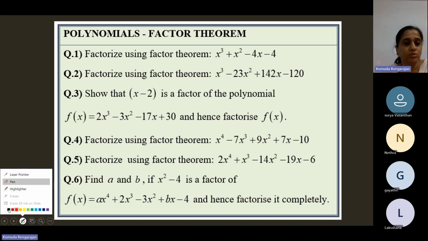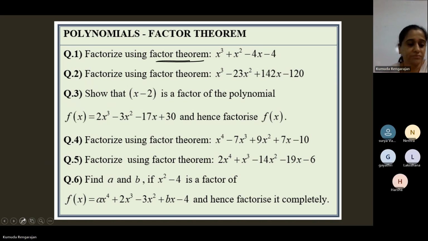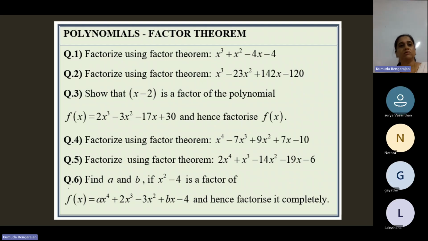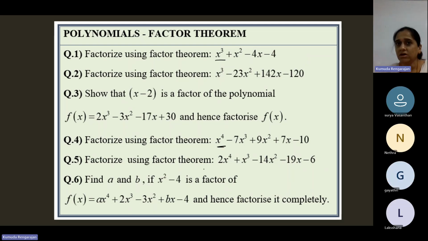Now we're going to learn how to factorize using the factor theorem. You know how to factorize by splitting the middle term. We'll see how to factorize using the factor theorem. All right. So here, mostly the polynomials will be of degree 3 or degree 4, a cubic polynomial or a biquadratic polynomial.